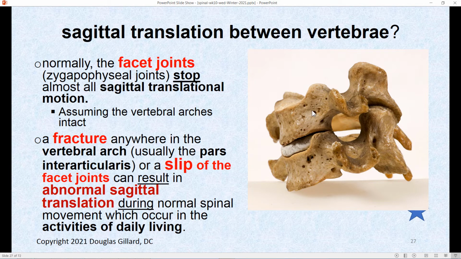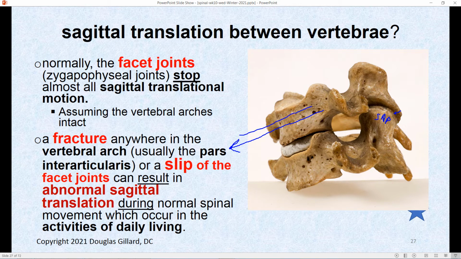If you push the vertebrae this way to create an anterior sagittal translation, it doesn't happen normally because of the way the facet joints are. The inferior articular process is going to bang into the superior articular process of the bone below. So you normally don't have any anterior sagittal translation.